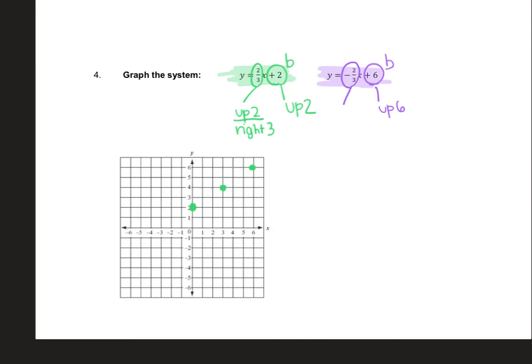I'm going to pop it up, and it's going to be down 2, right 3. So I'm going to go up to 6 and mark my point. And then I'm going to go down 2, right 3. And I get that common point right there on the first try.